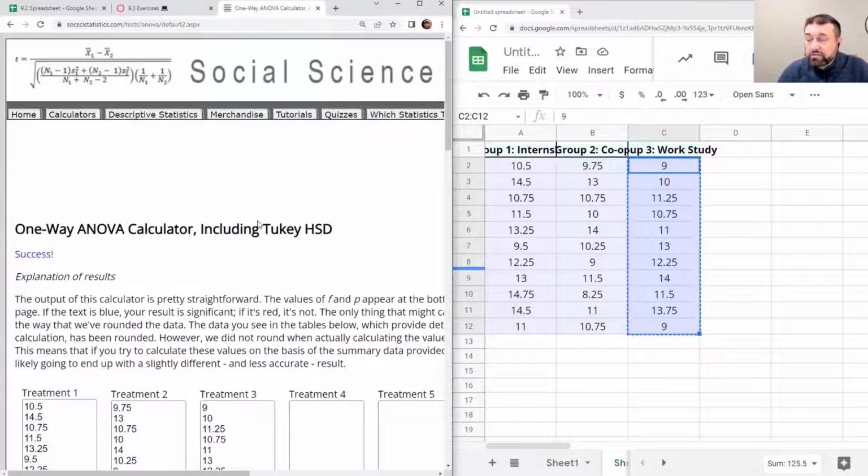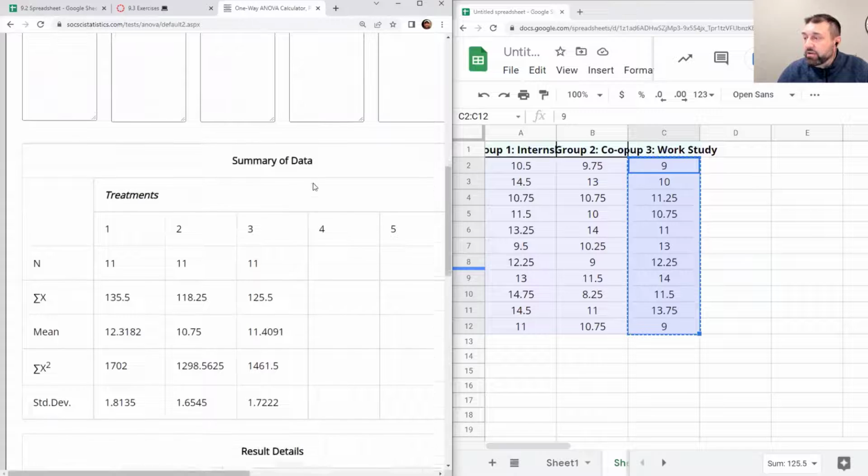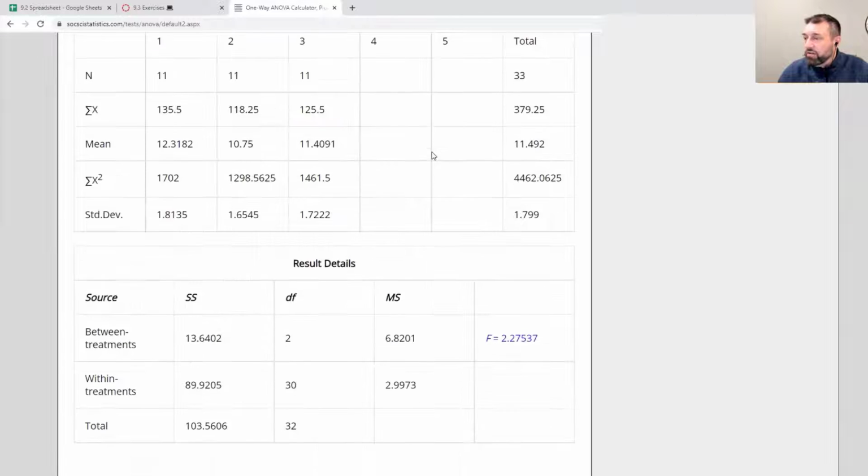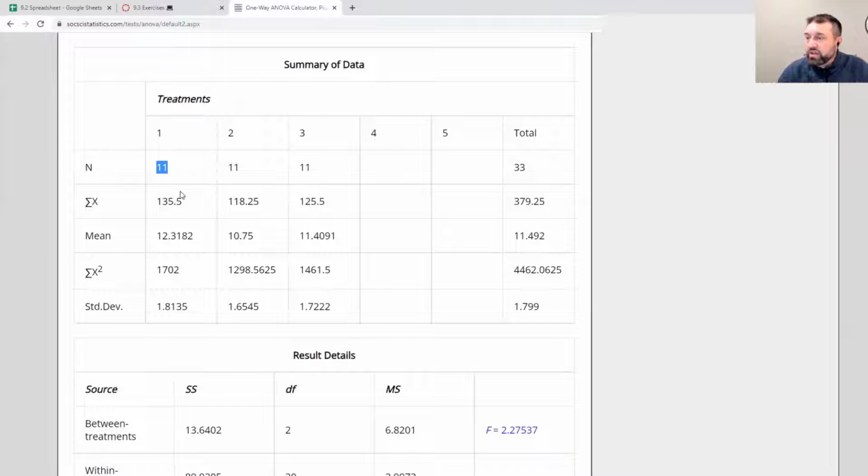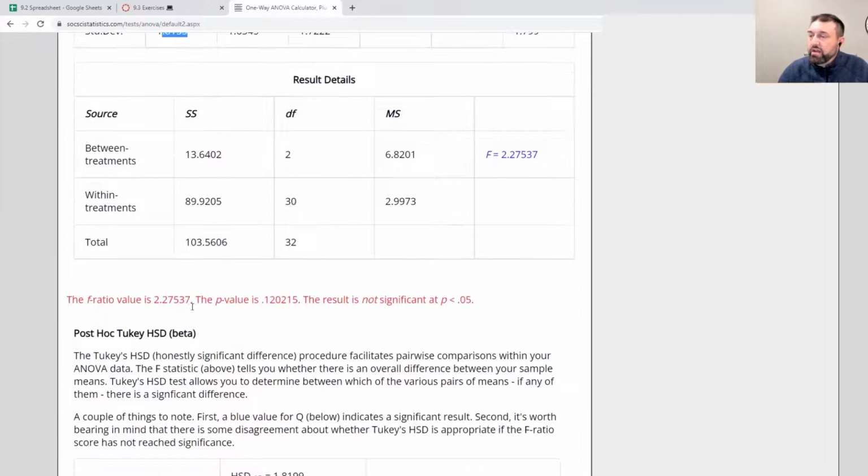And it's done. So as I scroll down, here are all of the values. Here's the number of items. Here's the sum of the items. Here's the mean. So I've got a 12.3, I've got a 10.8, I got an 11.4. Are these statistically the same at the 5% threshold? Here's the sum squared, and here's the standard deviations. Here is SSB.